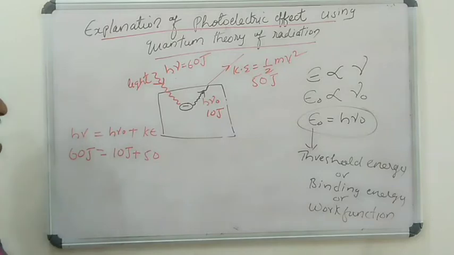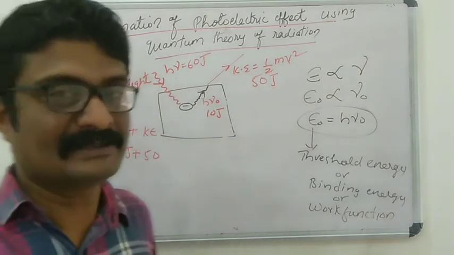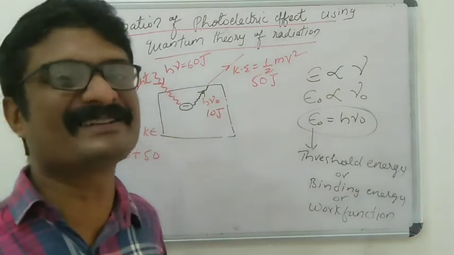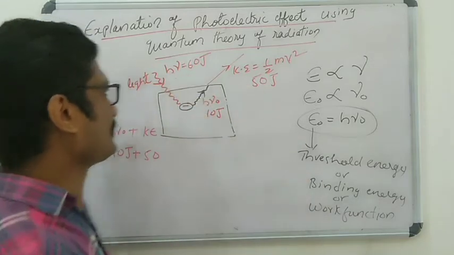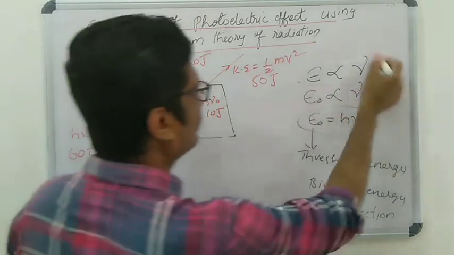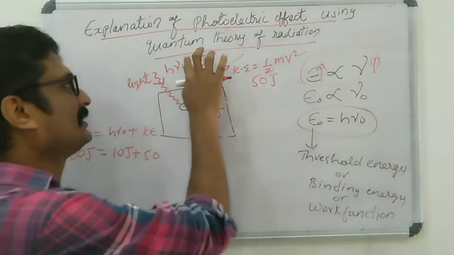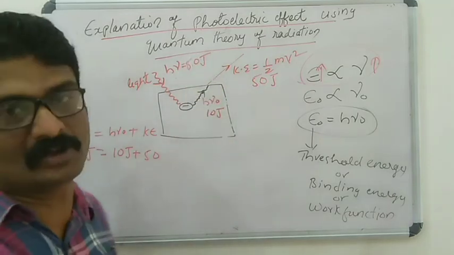Then please listen. We can increase the frequency of incident light. When frequency increases, we know the energy associated with that photon also increases. Suppose energy is increased to 80 joule.